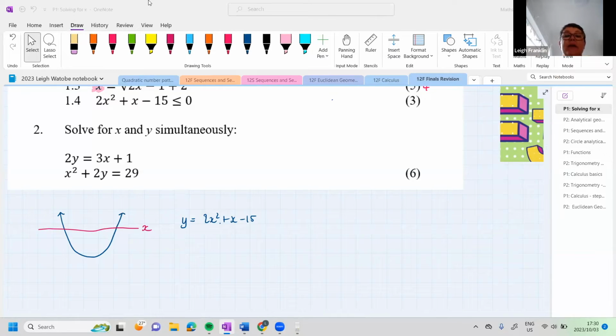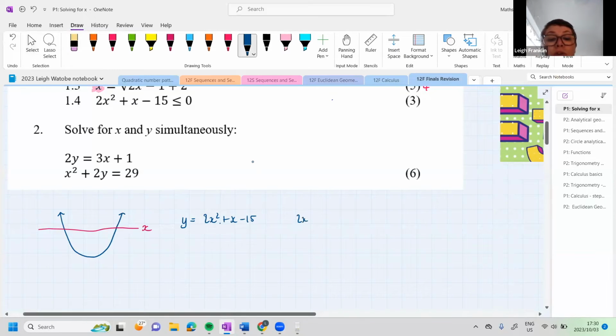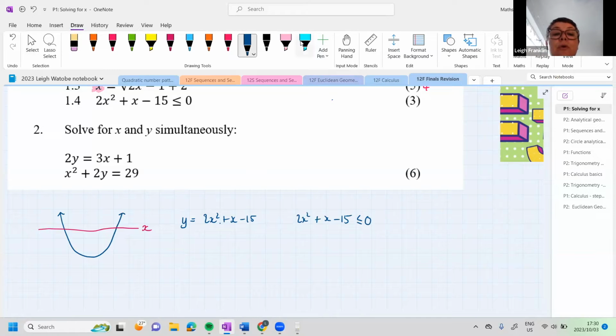Indeed, where y is negative. Good, absolutely. Okay, because essentially we've got y, which in this case is 2x squared plus x minus 15, is smaller than or equal to 0. Absolutely. Well done.